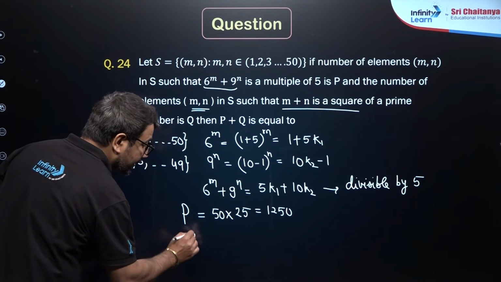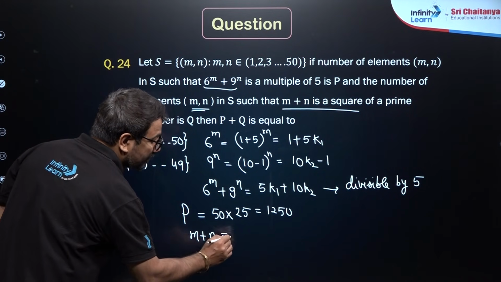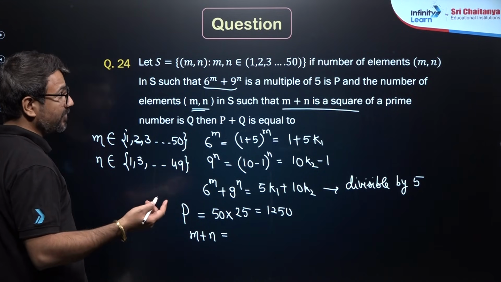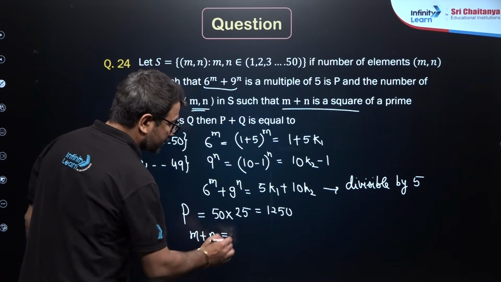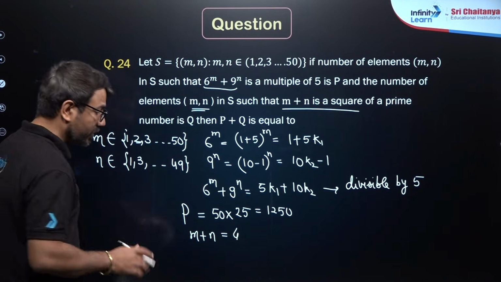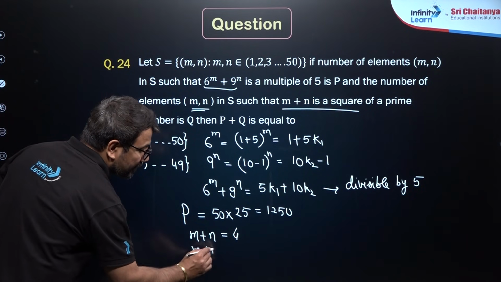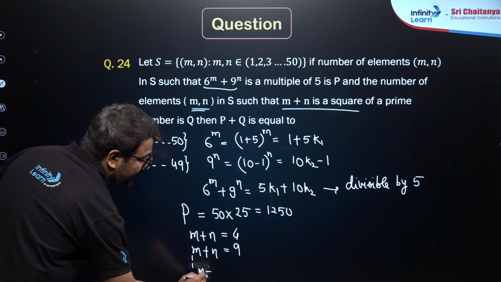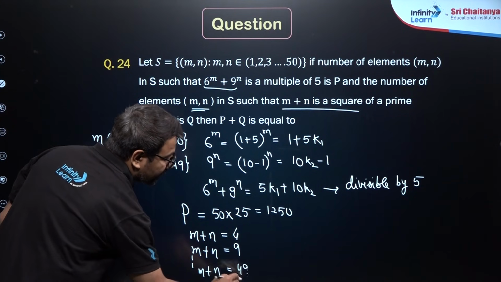So let's say the value of m plus n can be the square of a prime number. Let's start with 4 because the minimum possible case is 4. m plus n can be 9, and at the last you will see m plus n will be 49.